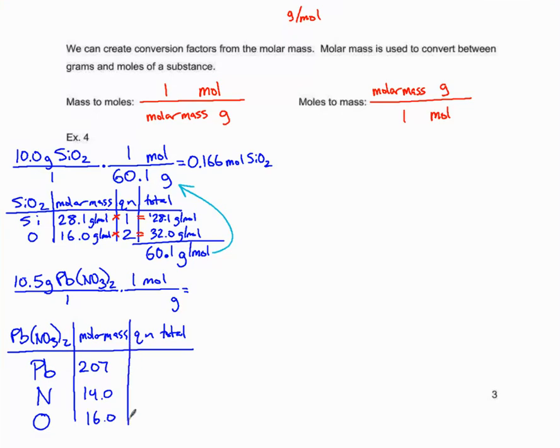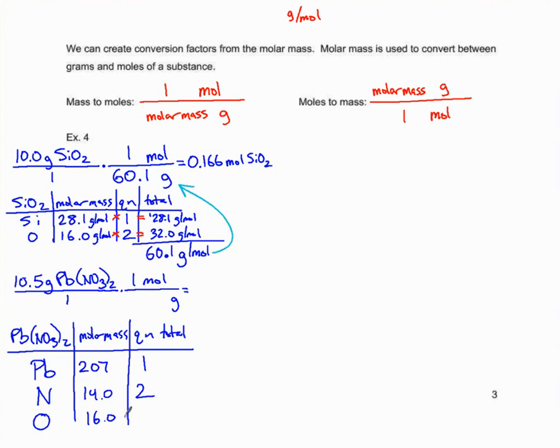Then our quantities come from the formula. So looking at the formula, it tells me that I have 1 lead. Now this one is a little bit tricky because we have to pay close attention. Here we have a nitrate which just has 1 nitrogen, but there are 2 nitrates, which means that really I have 2 nitrogen.